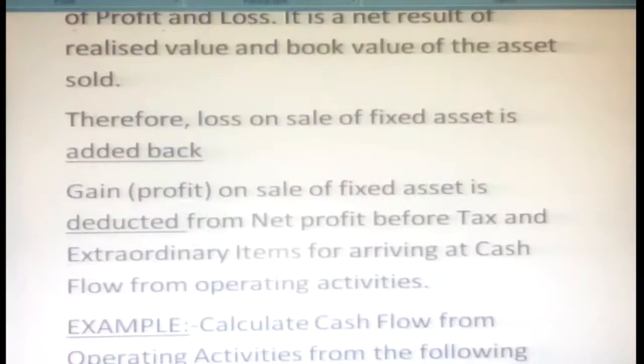Gain or profit on sale of fixed assets, earlier shown as income, is now deducted from net profit before tax and extraordinary items for arriving at cash flow from operating activity. That's why depreciation is a very important thing. Three things we discussed here: one is provision for tax, second is the fixed asset account, and third is how we give the effect of depreciation.